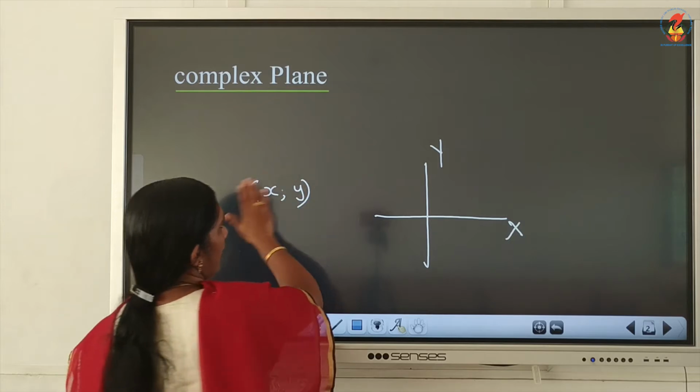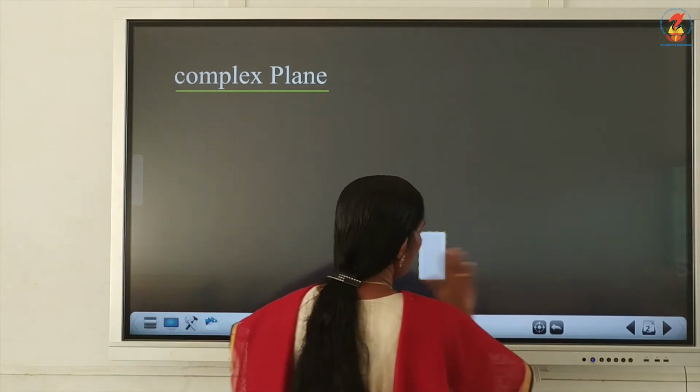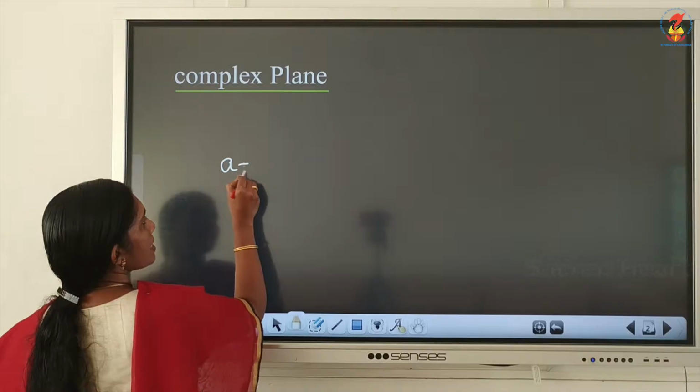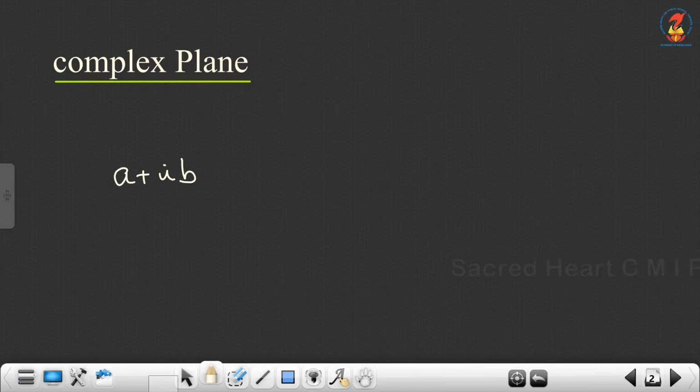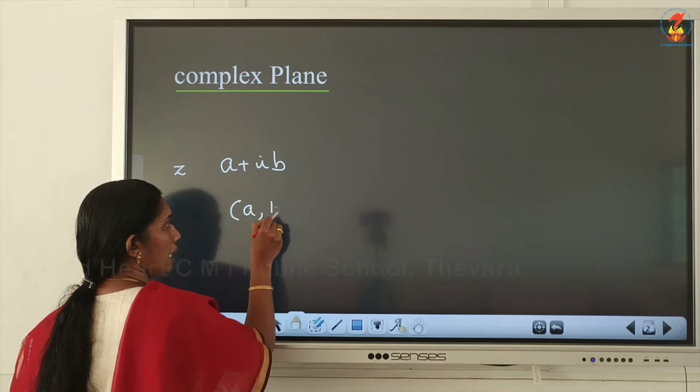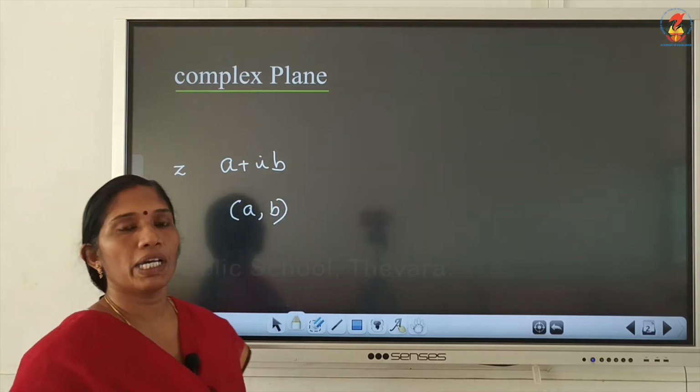So in the same manner, what do you mean by complex number? A number of the form a plus ib, where a is known as the real part of the complex number, denoted as z, and b is known as the imaginary part of the complex number. So this complex number we can represent as an ordered pair a, b in this xy plane.